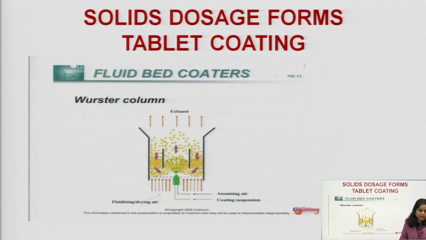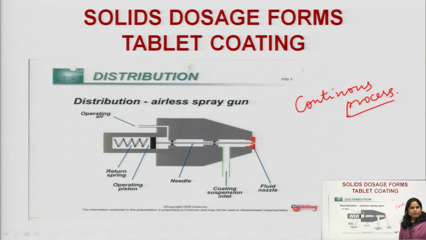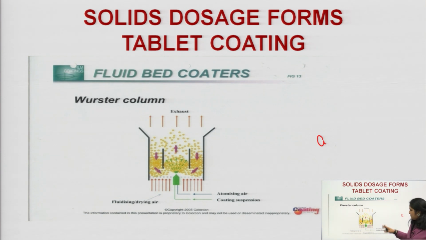Then the next one is our Wurster process. This Wurster process is very important because it is a continuous process. Here is a spray nozzle which is spraying the coating solution onto the tablet bed along with atomizing air, which helps the coating solution to atomize into smaller droplets.